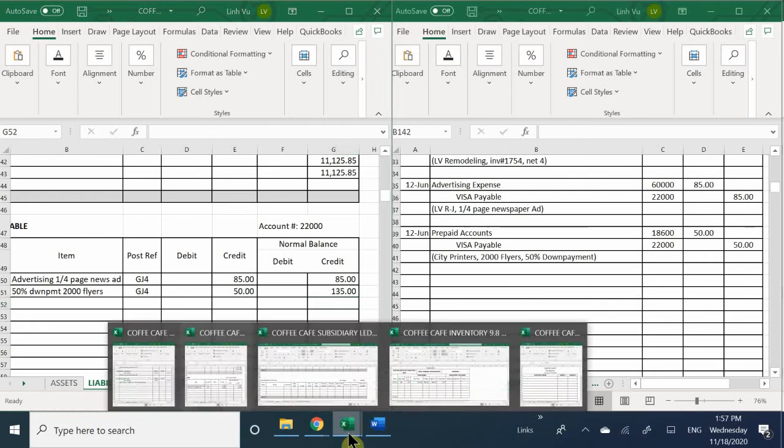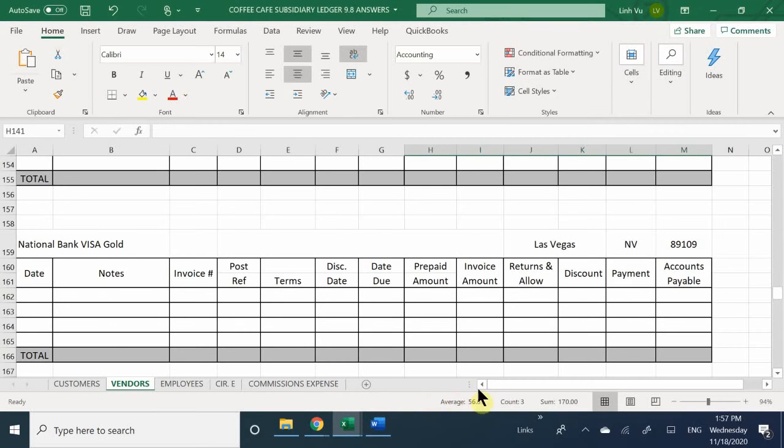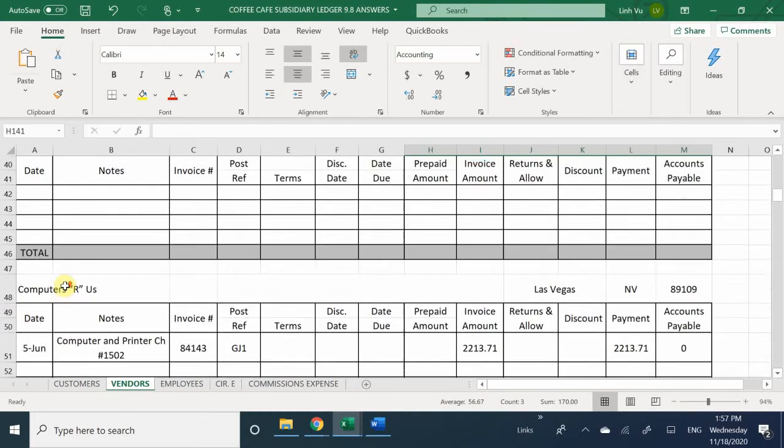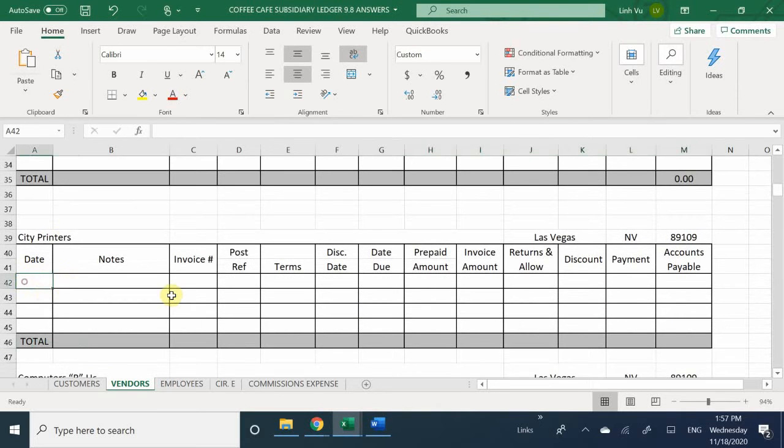Right? And then lastly, we're going to go to our subsidiary ledger because, yes, we do have a City Printers account. So here we are. Computers R Us. Here is City Printers. So again, I'm going to go ahead and indicate that on June 12th, I am purchasing 2,000 flyers, okay, with a 50% down payment.